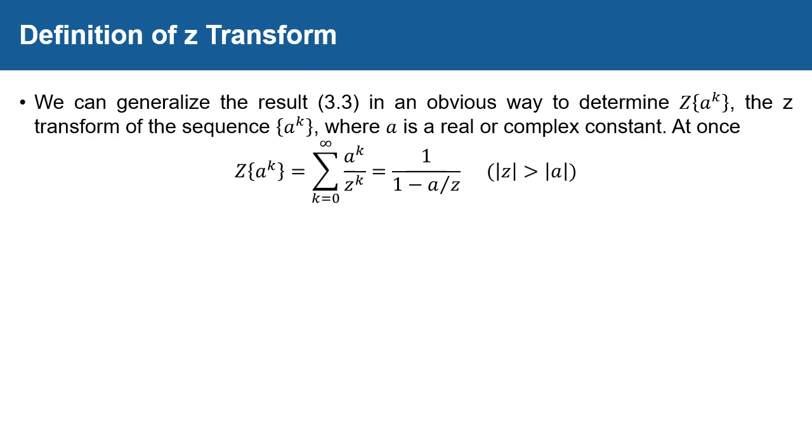That is now equal to 1 over 1 minus a over z, where the absolute value of z must be greater than the absolute value of a. So that the z transform of a raised to k is equal to z over z minus a, where the absolute value of z is greater than the absolute value of a. This is now equation 3.4.